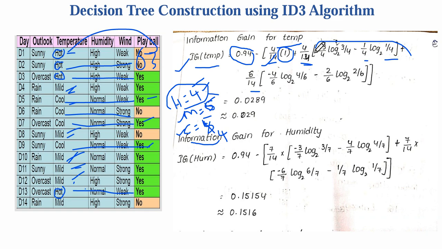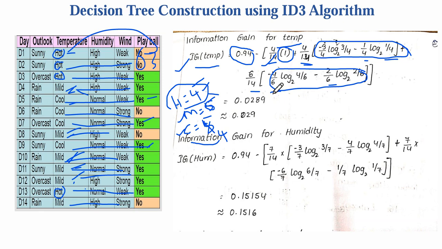This is the entropy of temperature equal to cool. Now temperature equal to mild: how many records? 6 records. Mild yes, mild no, mild yes, mild yes, mild yes, mild no. That means we have 2 no records and 4 yes records. This is the entropy for temperature equal to mild.